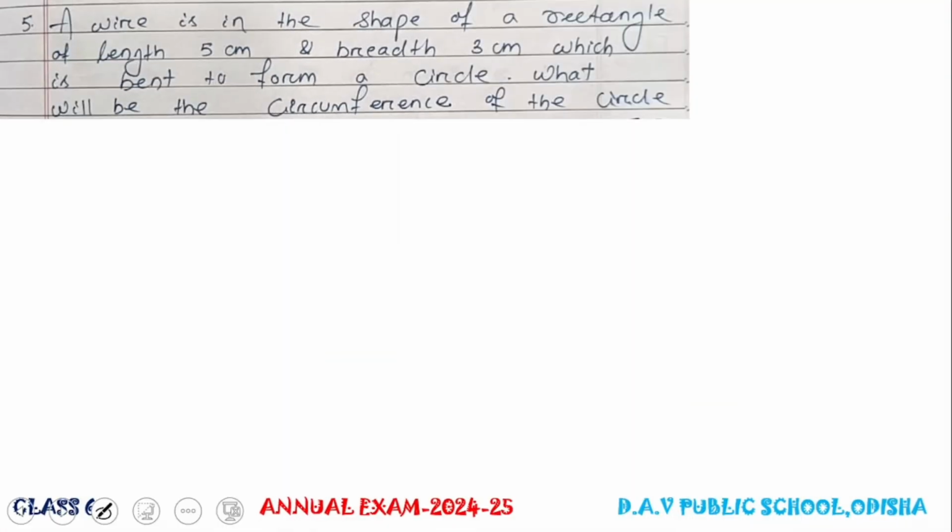Next, question number 5. A wire in the shape of a rectangle of length 5 centimeter and breadth 3 centimeter is bent to form a circle. Bent to form a circle means the perimeter of the rectangle is equal to the perimeter of the circle. Yes or no? Because it is the same wire, that's why the perimeter is the same.